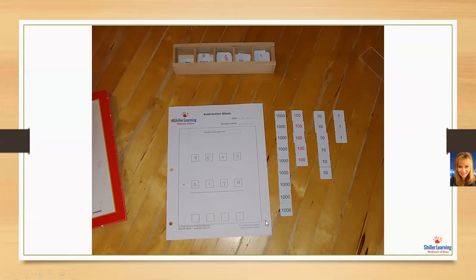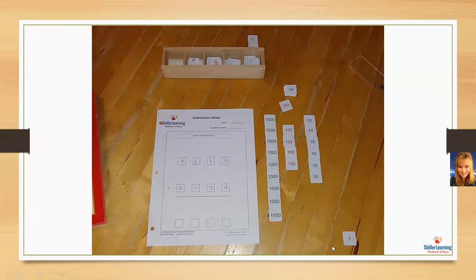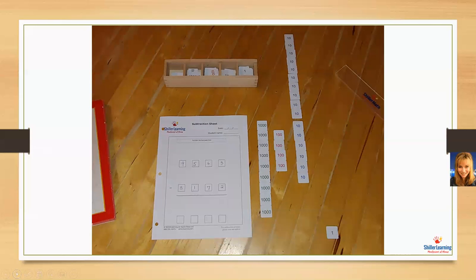Here is that very same problem, laying that out to the side. And then we're going to just take those tiles away, working with those same columns, starting with the 1s, then moving on to the 10s, exchanging one of our 100s for 10 of the 10s out of the bank, placing that 100 tile in there, laying out the 10 tens that we just exchanged.